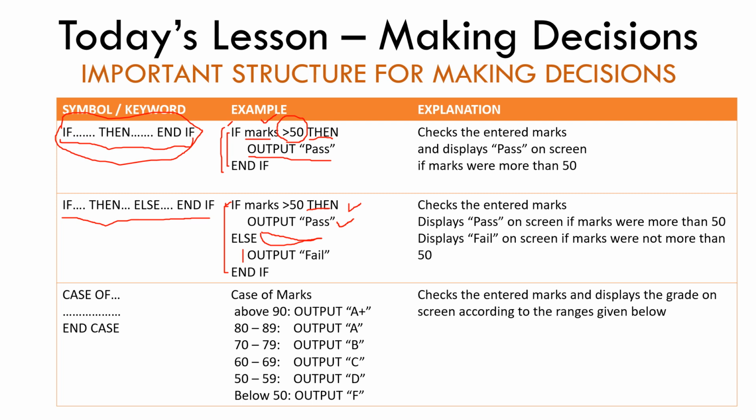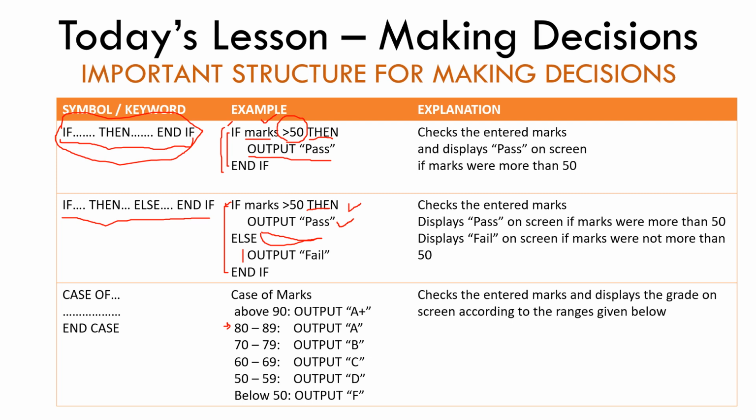If someone scores less than 90 but more than 80, which means between 80 and 89, we give them an A grade. If someone scores between 70 and 79, we give them a B grade. Between 60 and 69, we give them a C grade. Between 50 and 59, we give them a D grade. And if someone scores below 50, we give them an F grade.